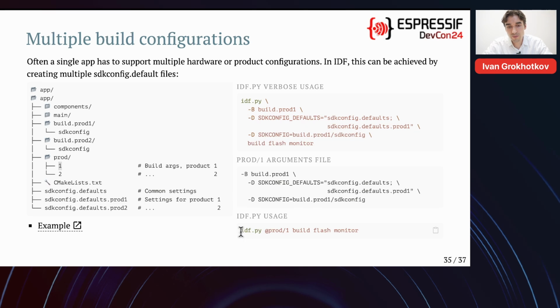And when we call idf.py, we can mention this file using the @ sign, and then the name of the file containing the argument list, in this case prod/1. This is exactly the same as just listing all the arguments contained in this file on the command line, just shorter. So now to build different configurations of different products, you can run idf.py @ and the name of your product, and then build and monitor.